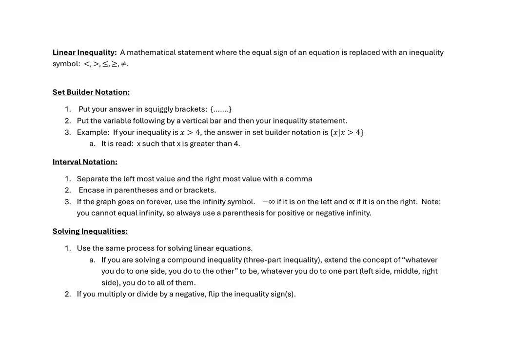All right, let's just talk about some terminology and also notation. The first thing that we want to talk about is, okay, what is a linear inequality? A linear inequality is a mathematical statement where the equal sign is replaced with an inequality sign.